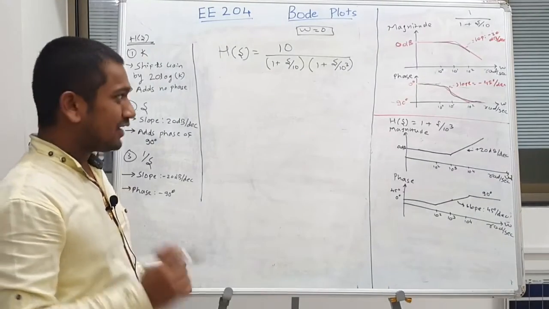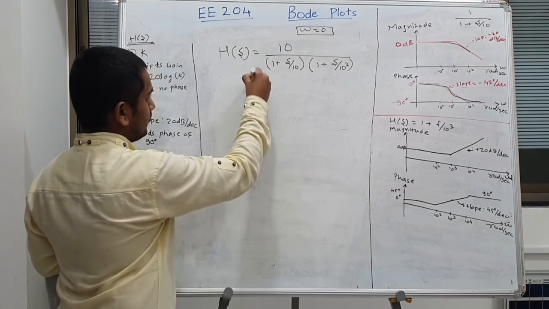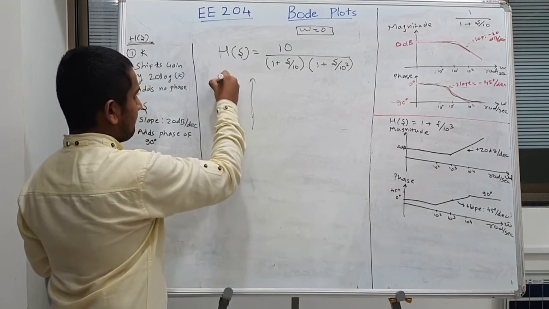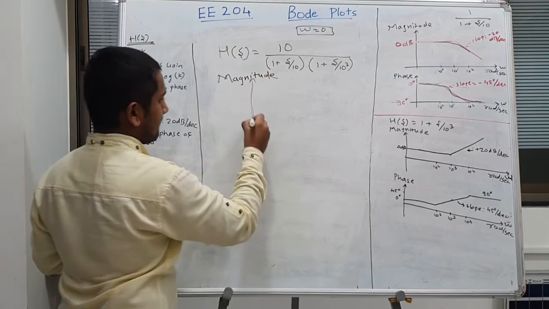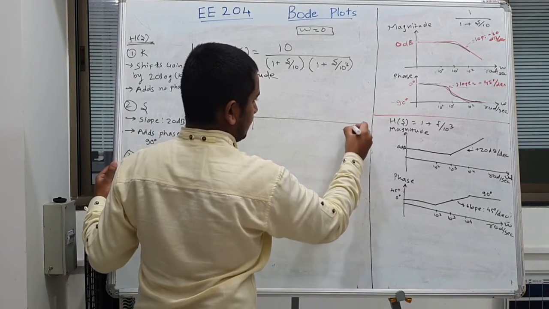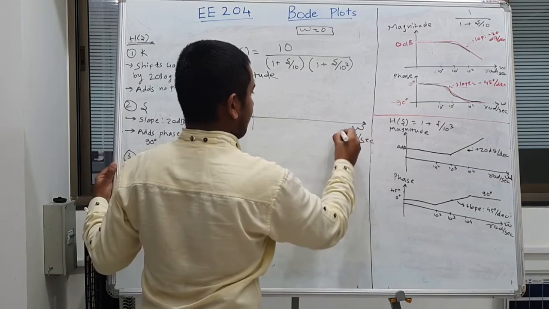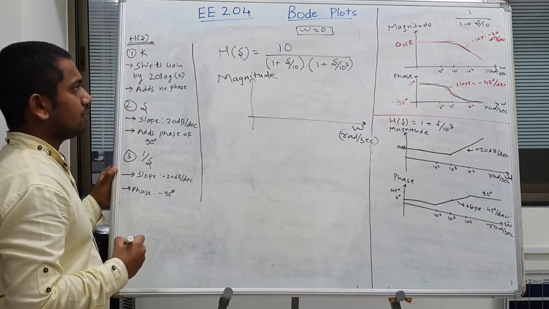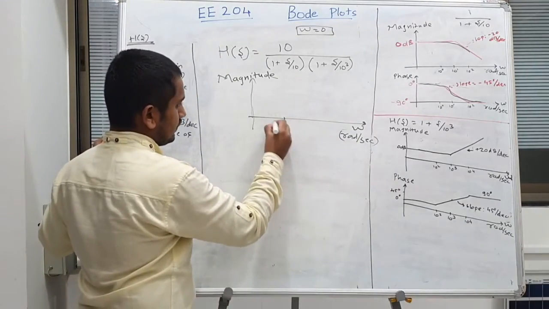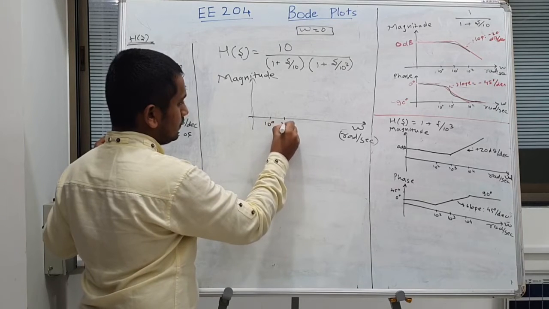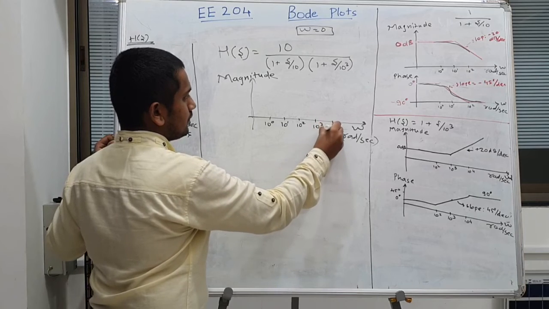Let's draw the magnitude plot with our understanding. The frequency is in radian per second. We'll write the frequencies which are of our interest: 10 to the power 0, 10 to the power 1, 2, 3 and 10 to the power 4.